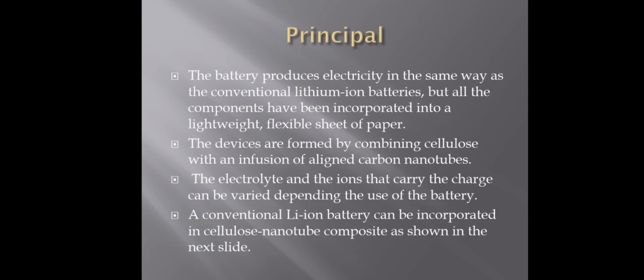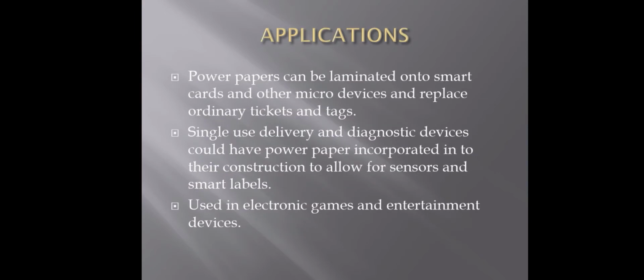The electrolyte and the ions that carry the charge can be varied depending on the use of the battery. A conventional ion battery can be incorporated in cellulose nanotube composite as shown in the next slide.